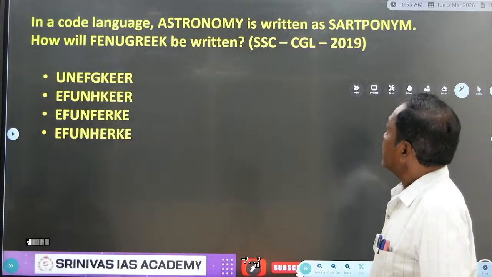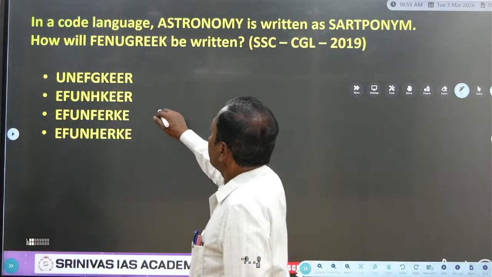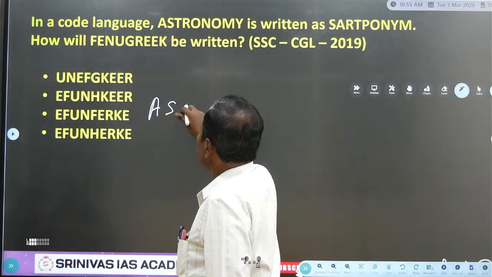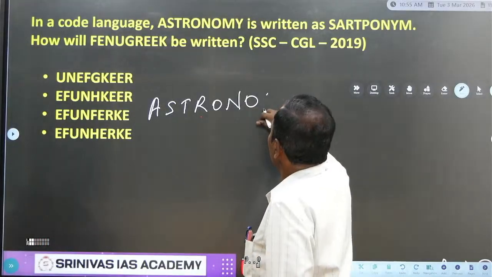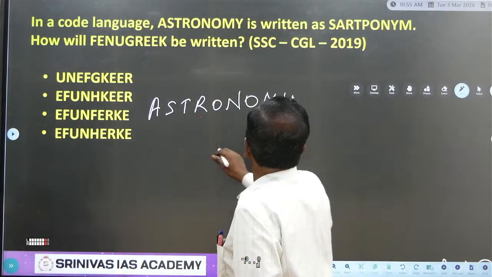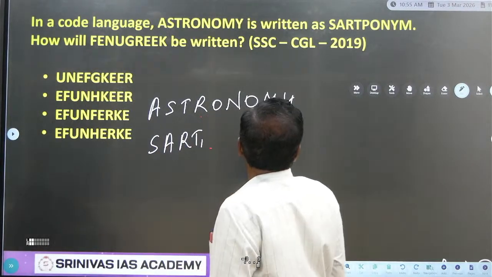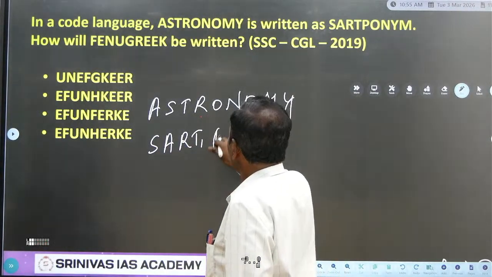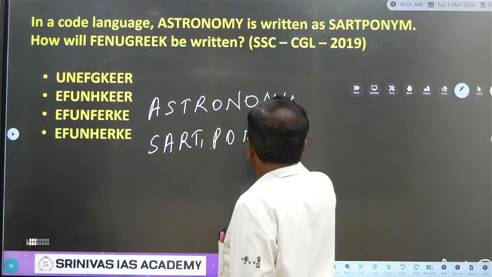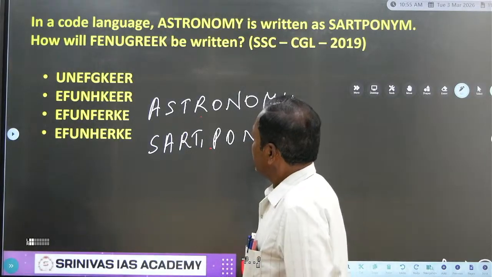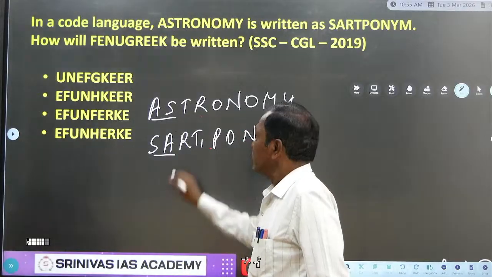Now, in a code language, astronomy is written as something like that. A-S-T-R-O-N-O-M-Y, astronomy. SART, PON, then like that, reverse order.